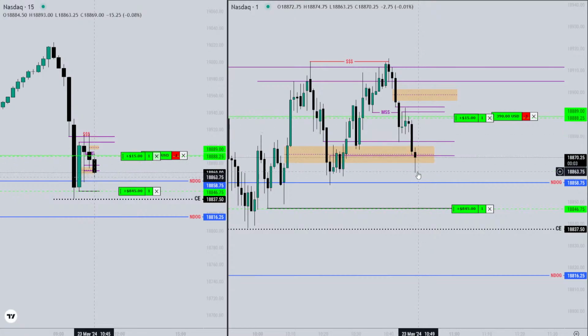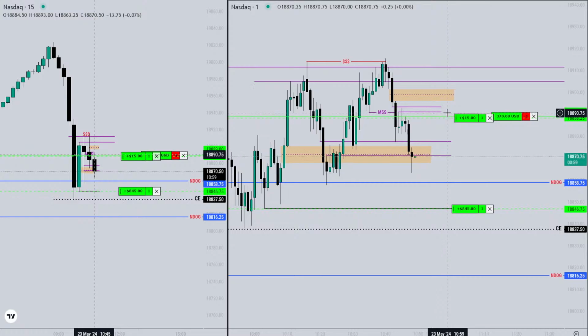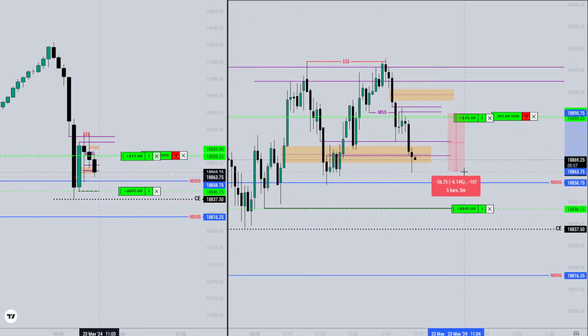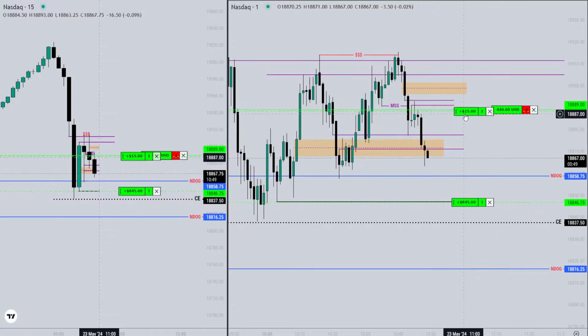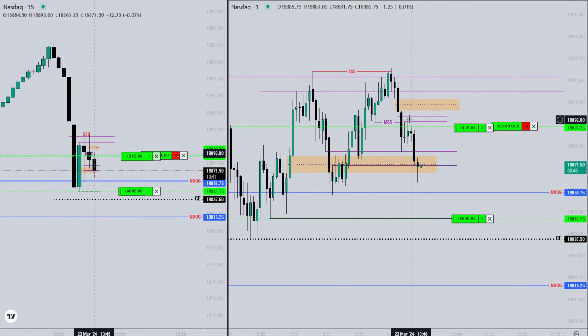From there to there, it's near about, just let me mark it, 27 handles. Okay, it's more than enough for them. I would love to go until that area. That's why I put my stop loss to break even. I'm out of risk now. Even if I get stopped out over here, I'm happy with that. I believe that for some of you, it's more than enough.